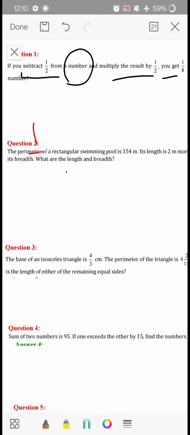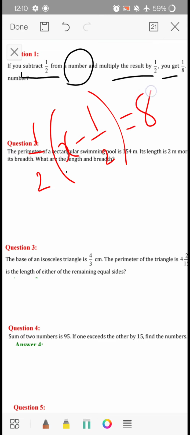What was the equation? 1/2 (x minus 1/2) is equal to 1/8, right? So now what will we do? We know that this 1/2 is in multiplication with this whole bracket, right? So you will first multiply with it, or if you don't want to multiply, then directly you can solve it.